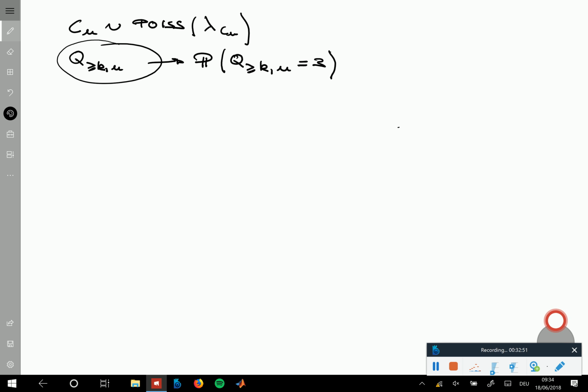Like we've just discussed for our K equals 8. More generally, we want to say that this is I. Now, what we can actually talk about is the joint distribution of the number of clusters.